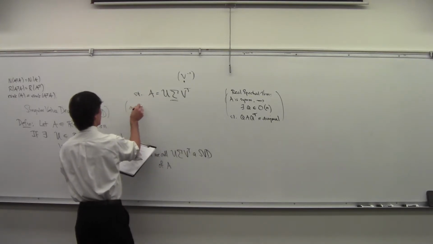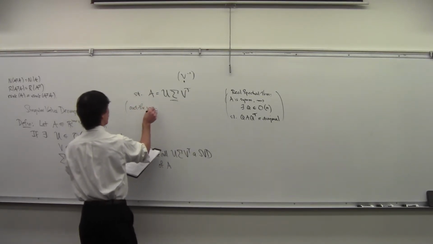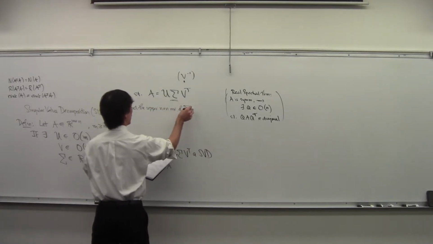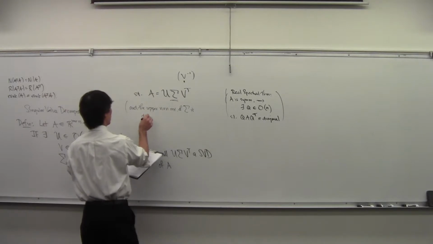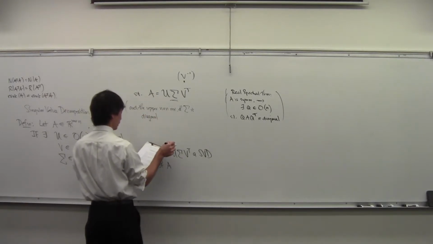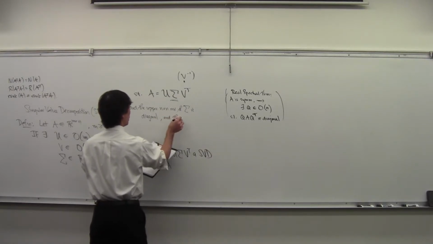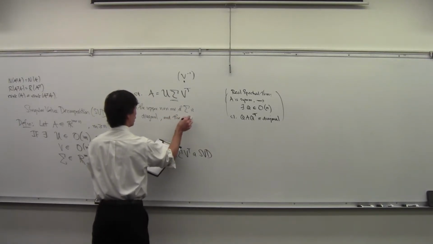The upper n by n matrix of sigma is diagonal, and the rest of sigma is 0.